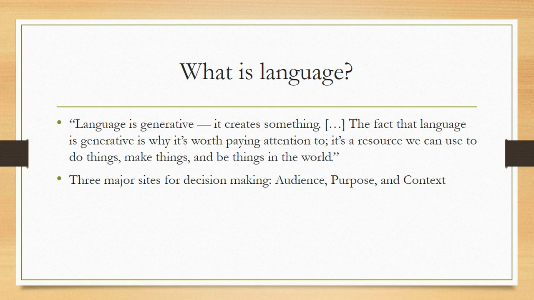You could write the most beautiful, perfectly cited 15-page research paper for an argument that you're trying to make. But if your argument is for high school students, they're not going to read it because you didn't think about your audience as effectively as you might have. So, let's talk about these ideas in a little more detail.